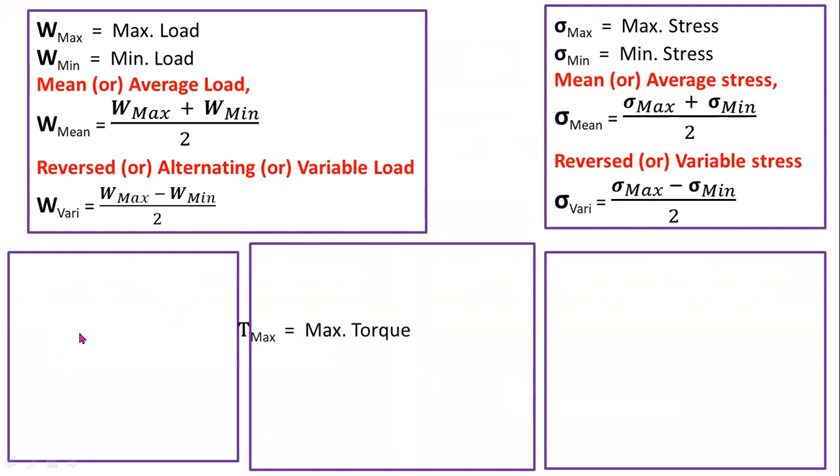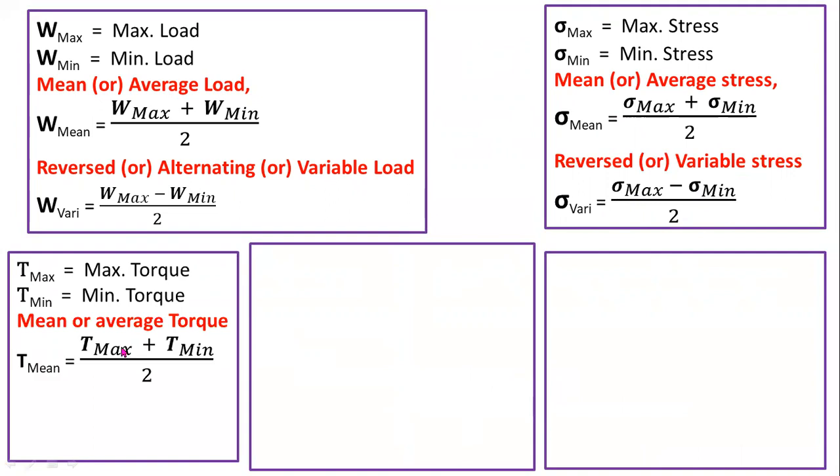If you are considering torque, then T max is the maximum torque, T min is the minimum torque, and the average or mean torque equals maximum torque plus minimum torque by 2. For variable torque, Tv equals maximum torque minus minimum torque by 2.